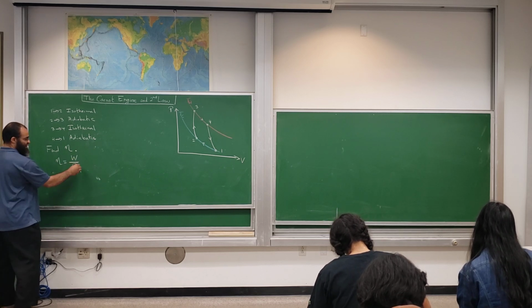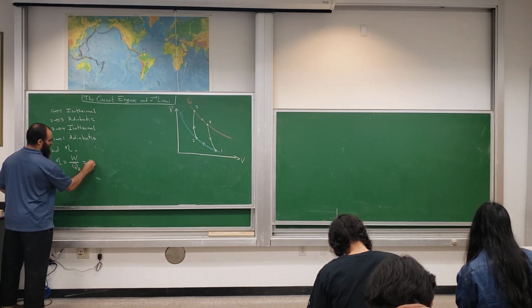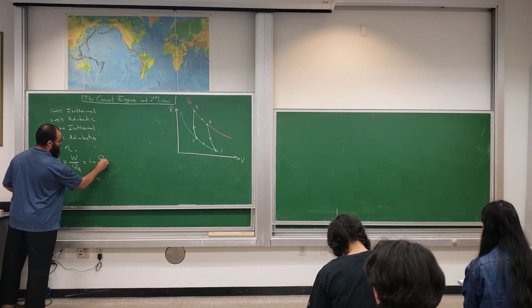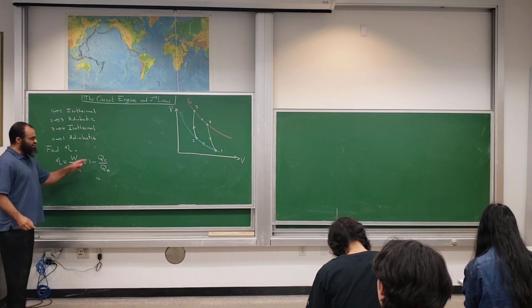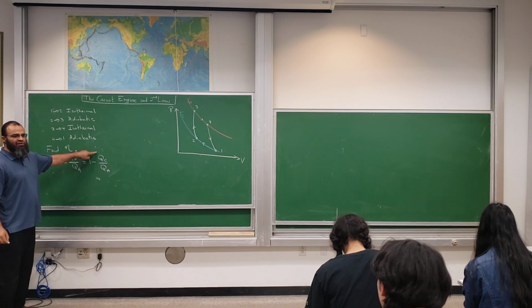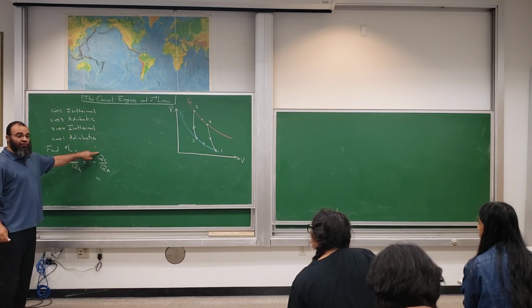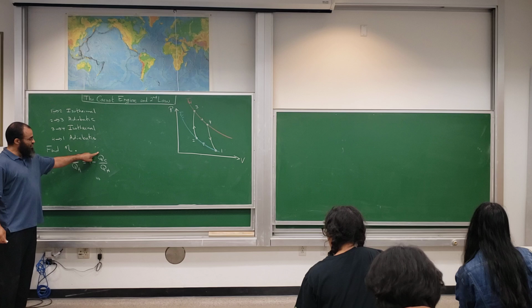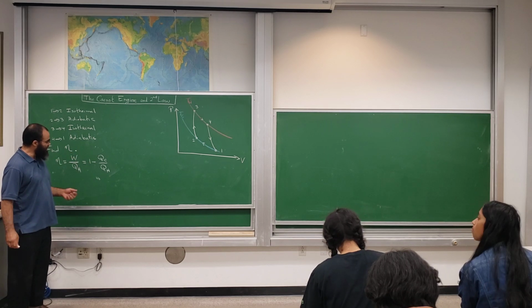Another way to write this is 1 minus QC over QH. And what is QC and what is QH? QC is the heat leaving the system. QC itself is a positive quantity, and since it's leaving the system, you can put a minus if you want to account for that.